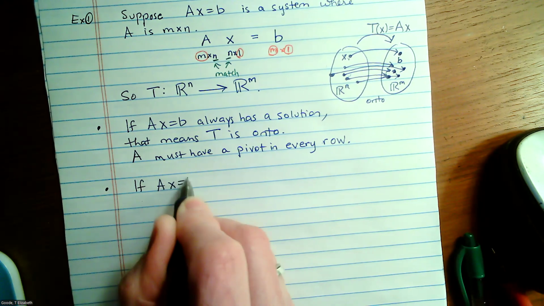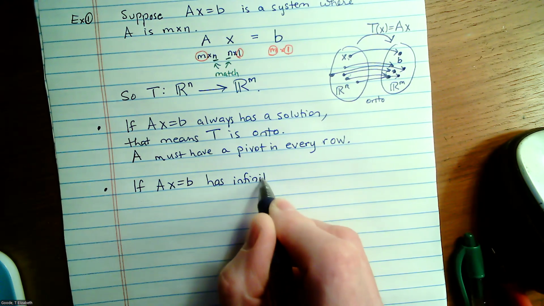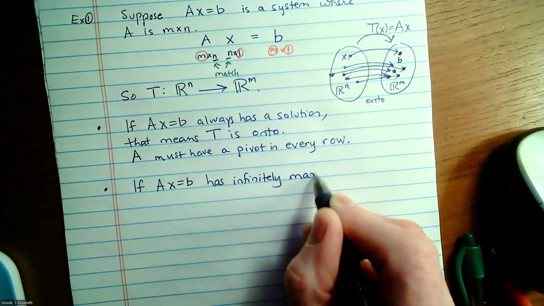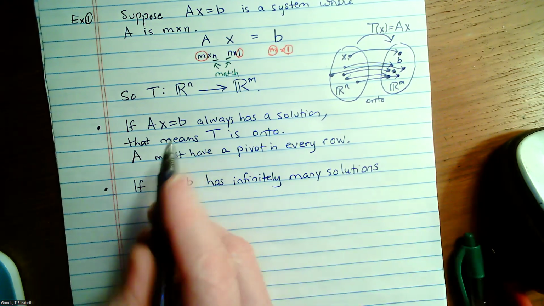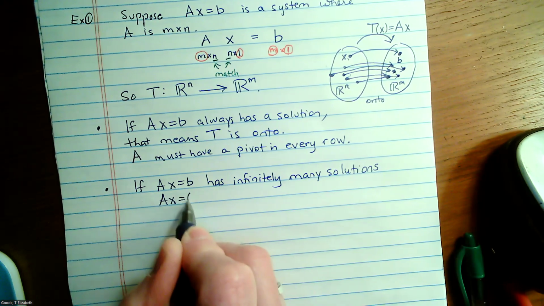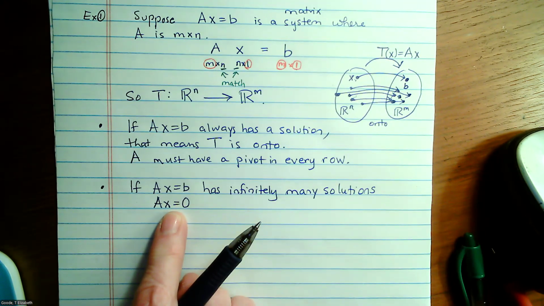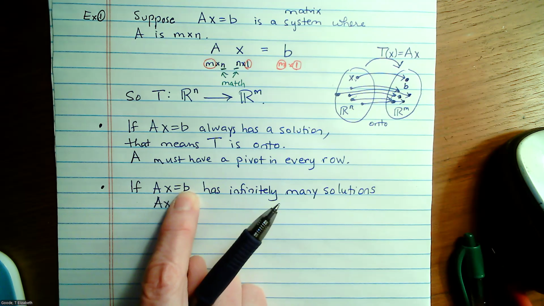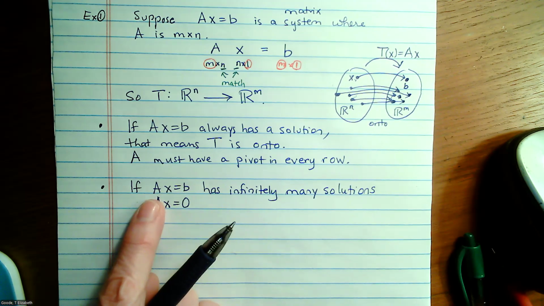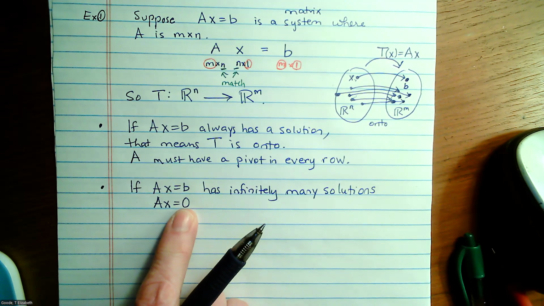If AX equals B has infinitely many solutions, it actually means AX equals 0 has infinitely many solutions, because the geometry of the solution set to AX equals 0 is the same as the geometry of the solution set to AX equals B when B does have a pre-image set, when there are solutions for B. We know there are always solutions to AX equals 0.